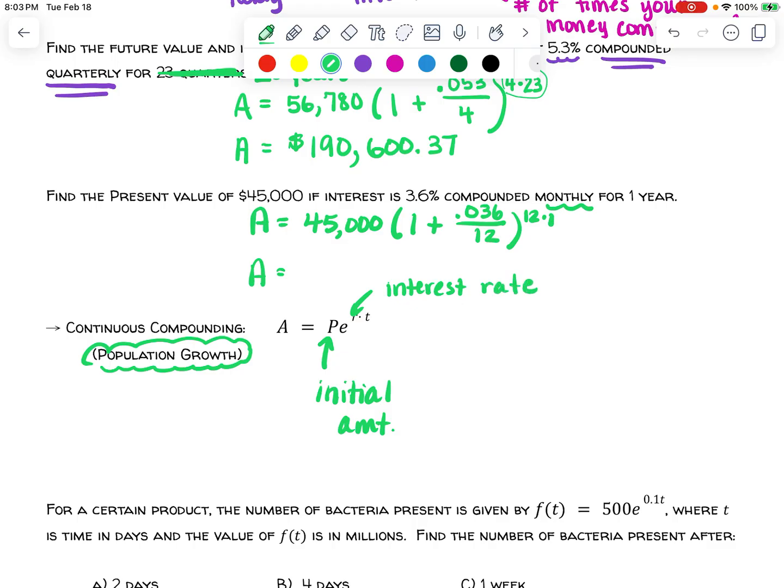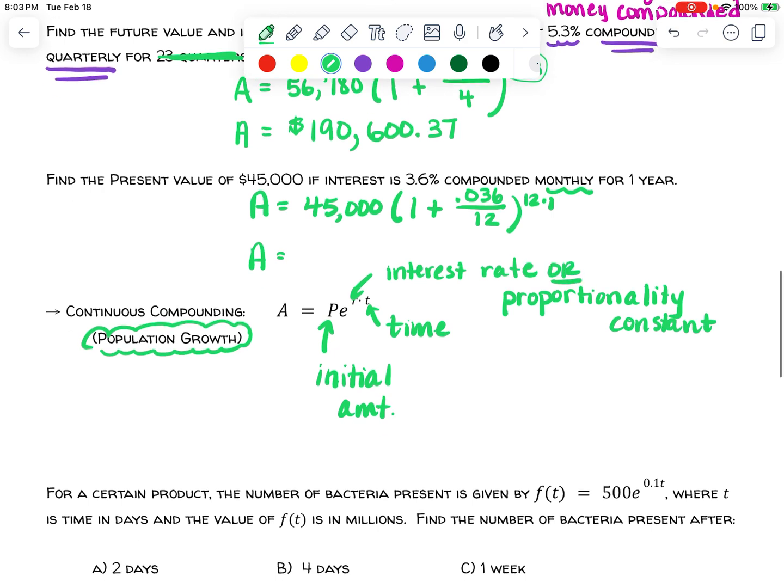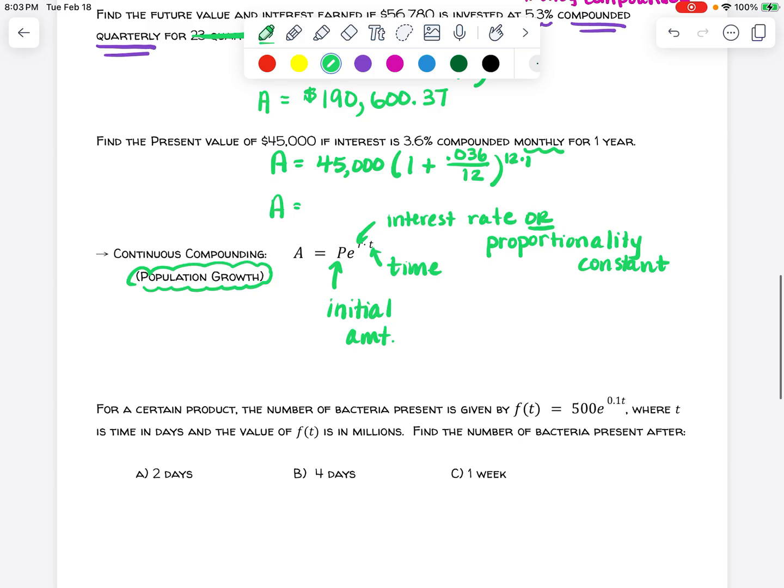We also talk about it as what's called a proportionality constant. And T is time. Okay. So take a look at this.